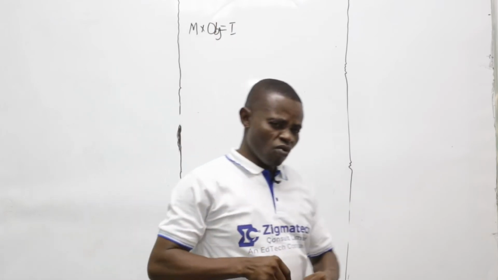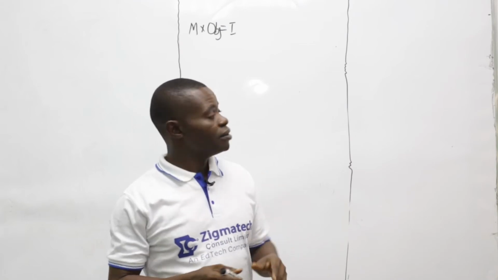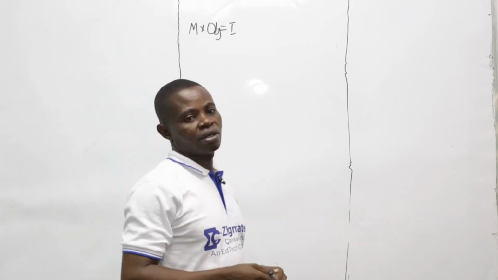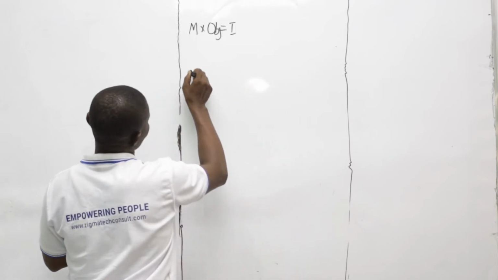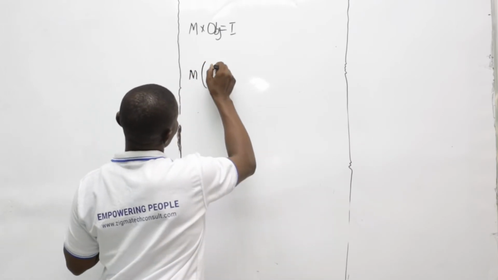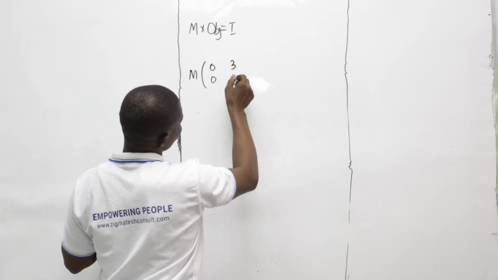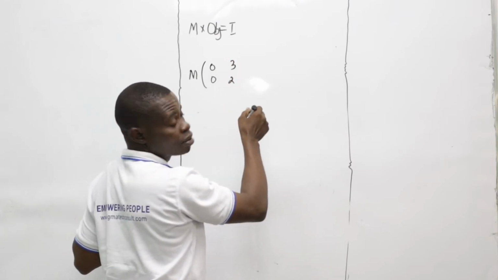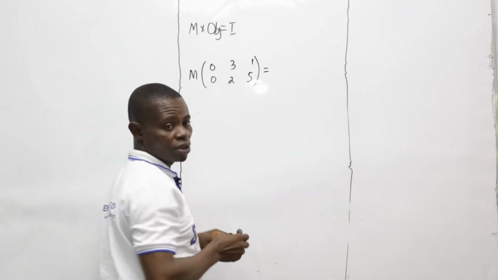Now, when you look at our object, we have 2 by 3. That is, matrix M times our object 0, 0, 3, 2, 1, 5 equals what?